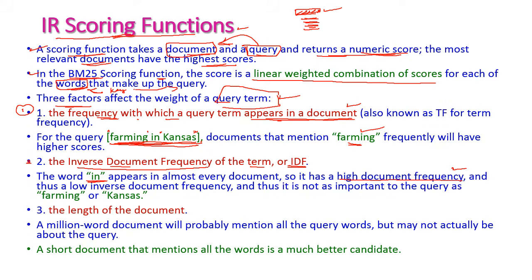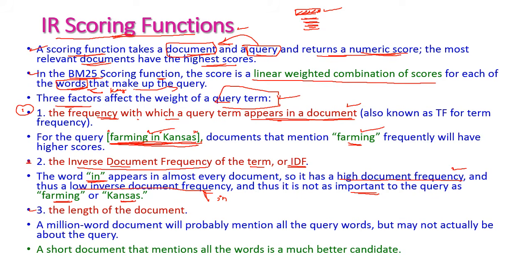Hence, a low inverse document frequency will be assigned to this "in", and thus it is not important as a query term when compared to farming and Kansas. So we have to take the keywords only farming and Kansas, not this "in", from this query.